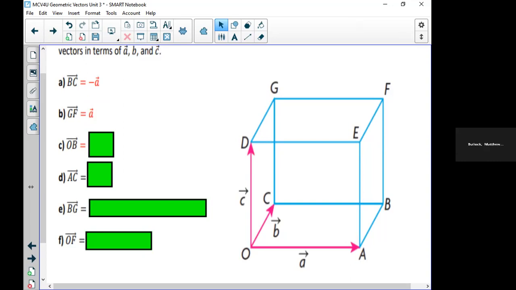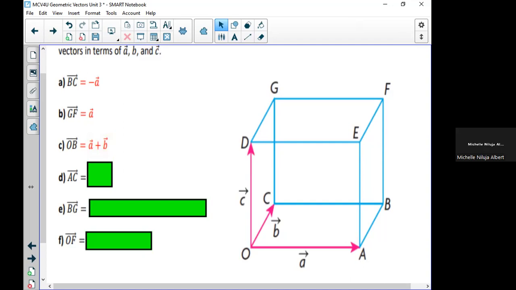So that's a resultant. Yes? Yeah, don't be scared. Okay, is that correct? A plus B. Very good. Okay.